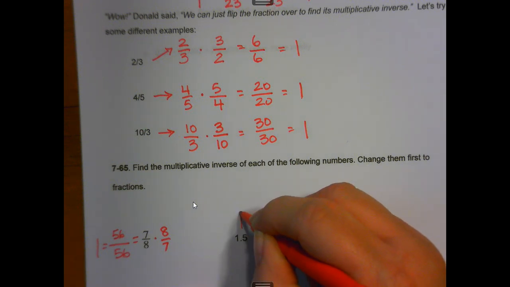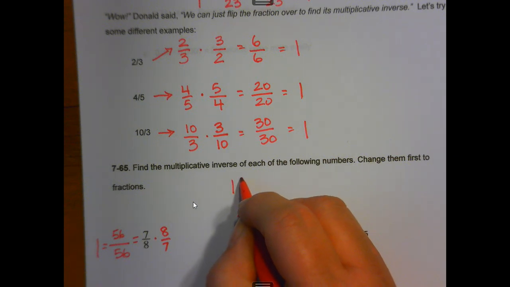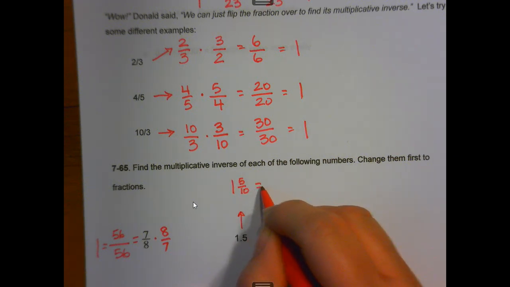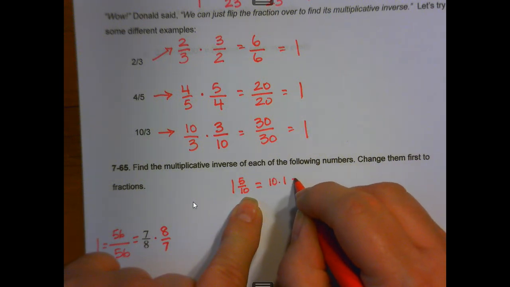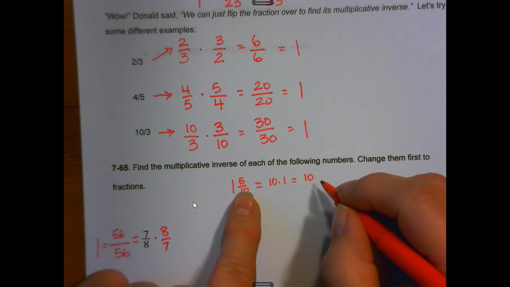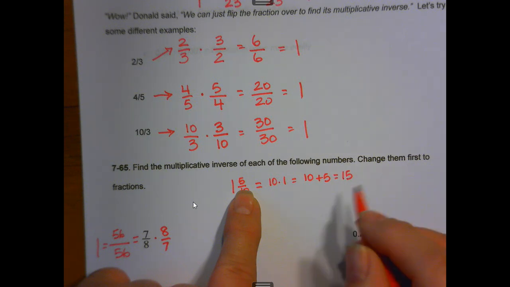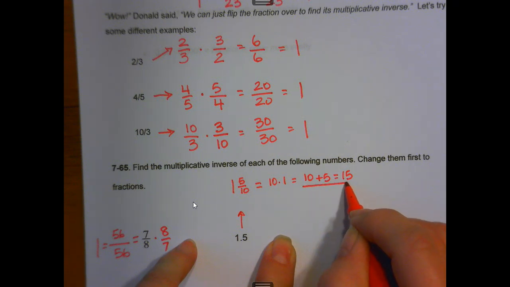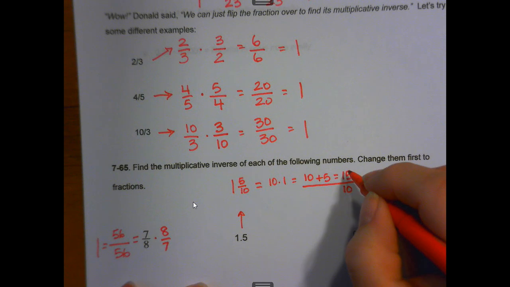This problem, I'm going to move it up a little bit above. This is 1 5/10. We can write it like this. And then that can be changed by doing 10 times 1, which equals 10. And then we're going to add the 5, and that makes it 15. And then we're going to make sure everything stays on top of the denominator of 10.